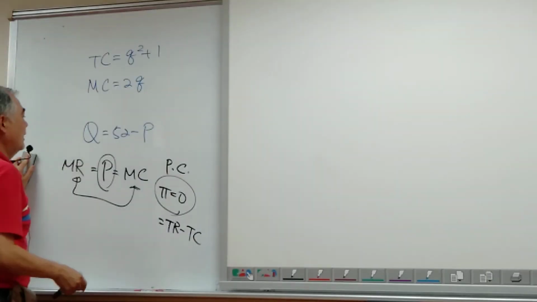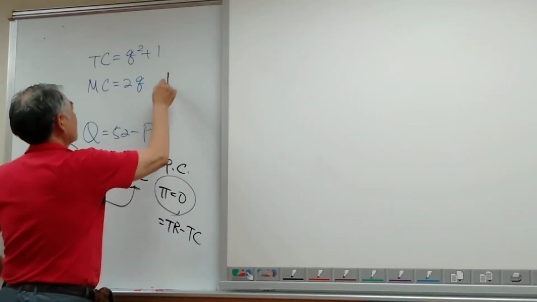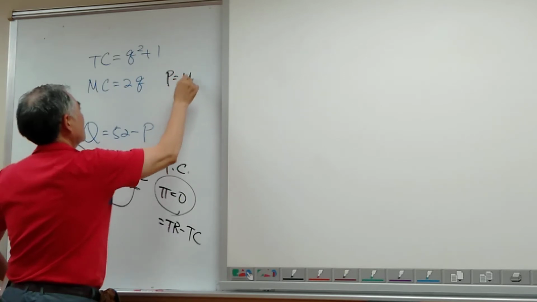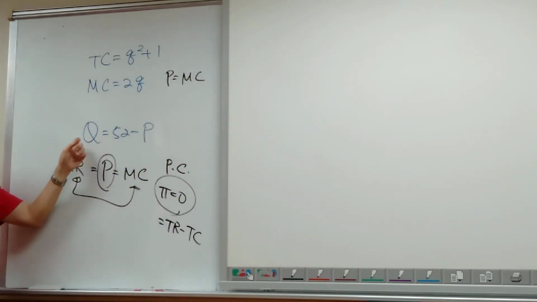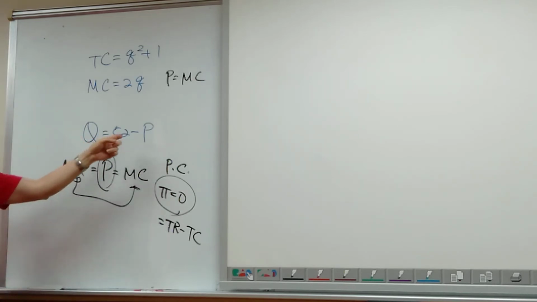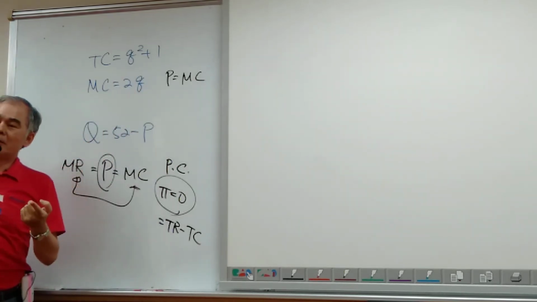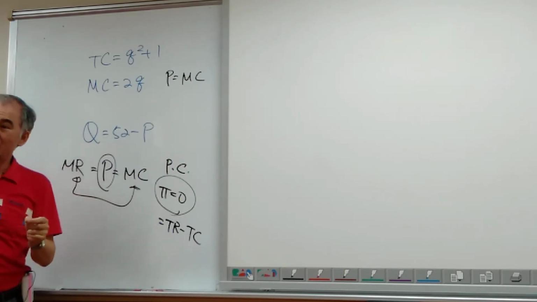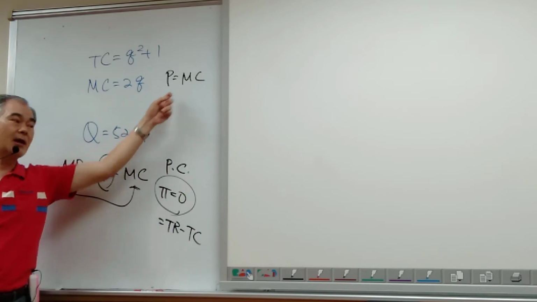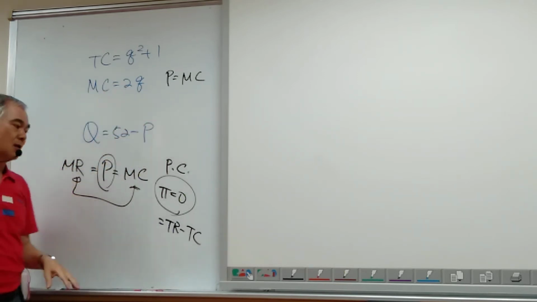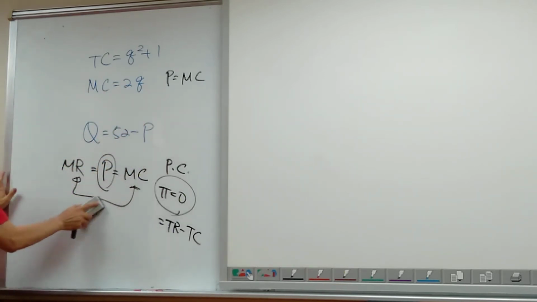And also you need to know this: P is equal to marginal cost. So we know that the quantity here is for the market. But for the individual competitive firm, they are price takers, right? The price is equal to their own price and also the market price. So how are we going to deal with it?